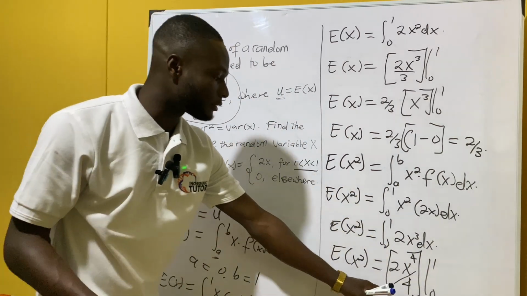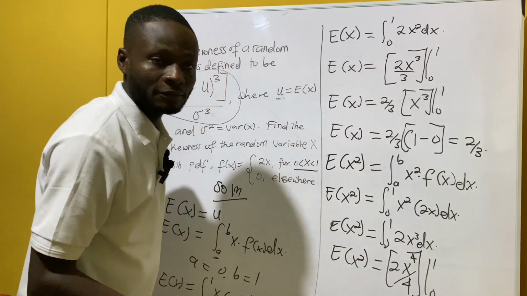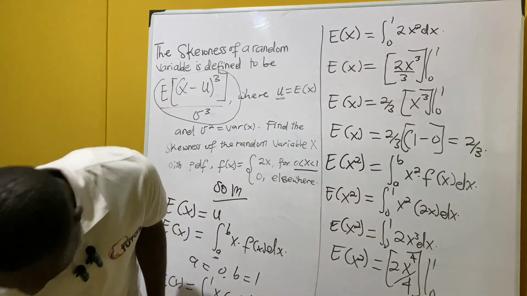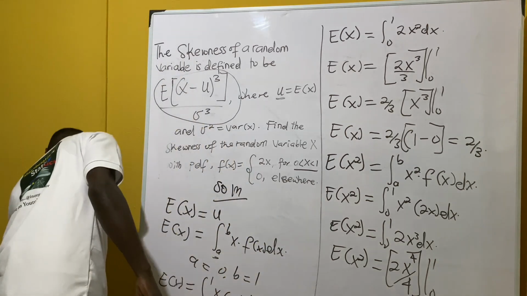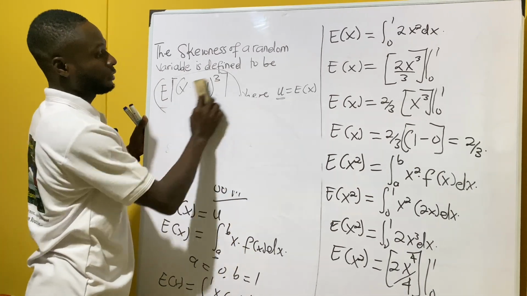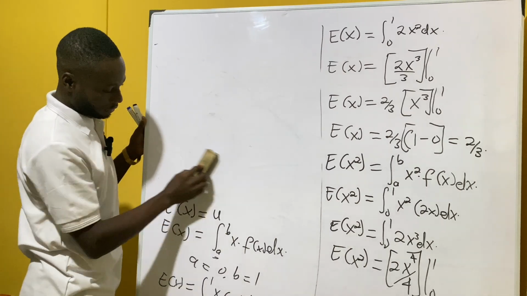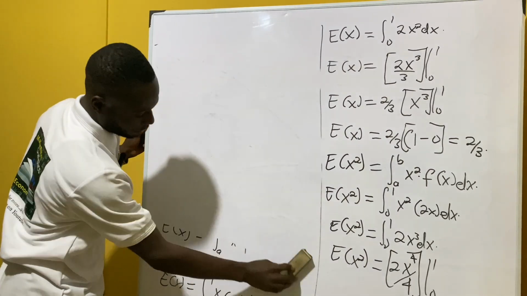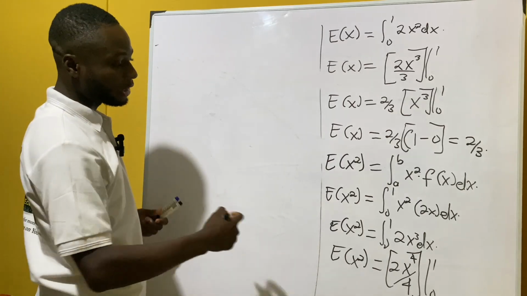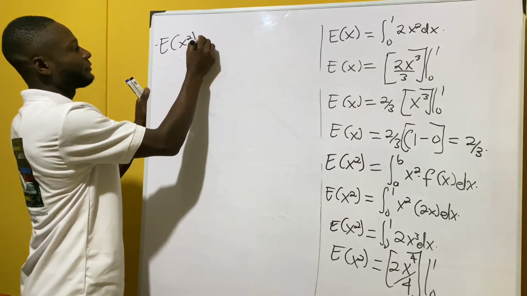So now we can bring out the 2 over 4, which simplifies to half, right?